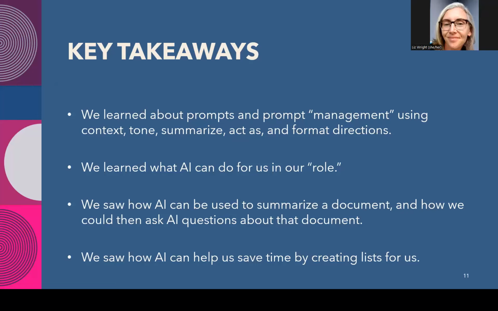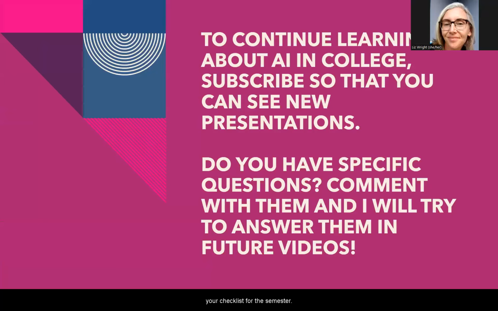We saw how we can give AI a document and what it can do for us with that document. We also saw how it can help us save time by creating lists for us or telling us what needs to be done. What was the most useful or interesting thing for you in this video?